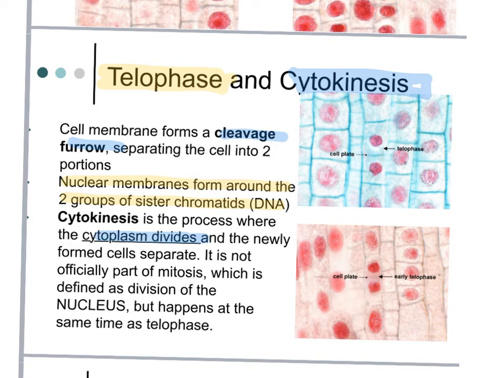So cytokinesis is that cleavage furrow forming and splitting the cytoplasm and all the organelles into two unique cells, whereas telophase is the formation of a nuclear membrane around those two groups of sister chromatids, creating a new nucleus.